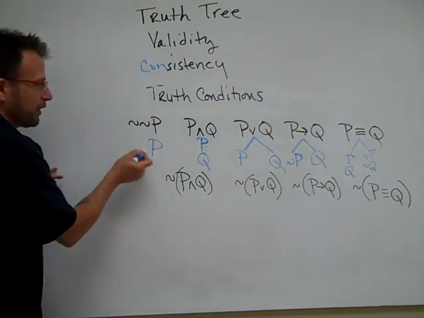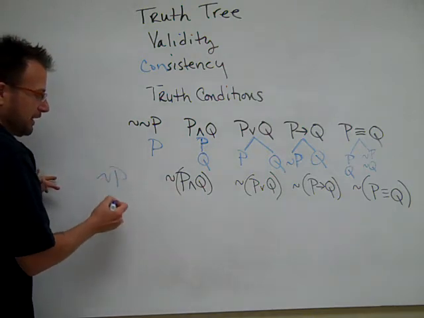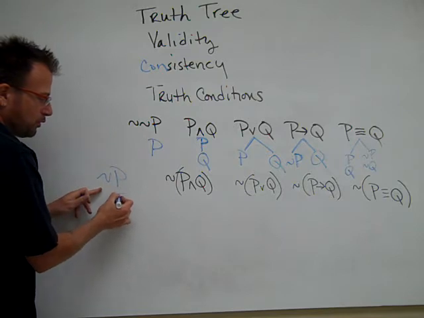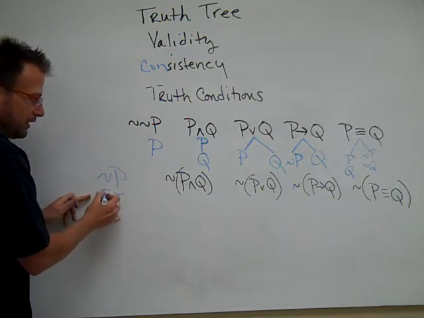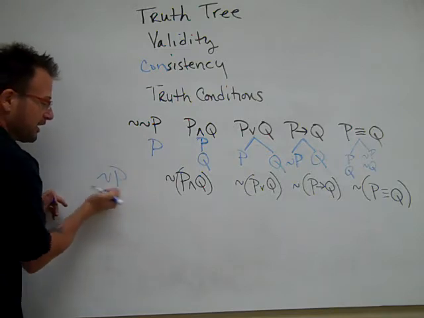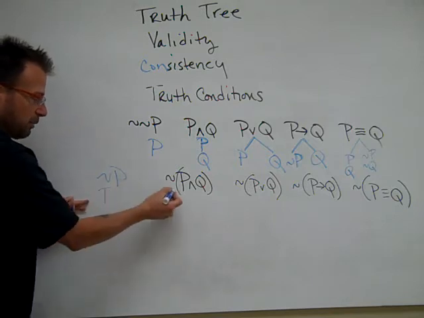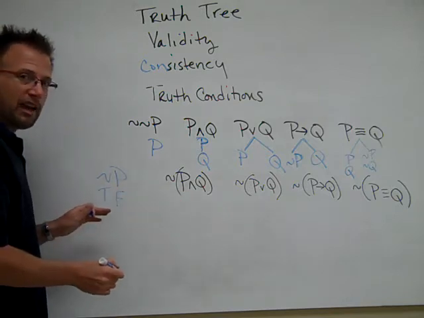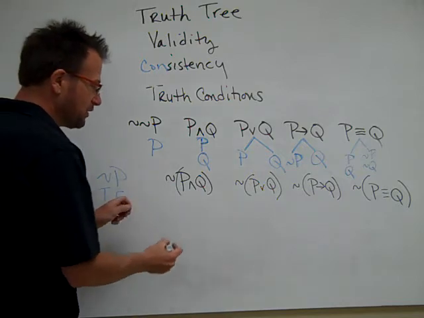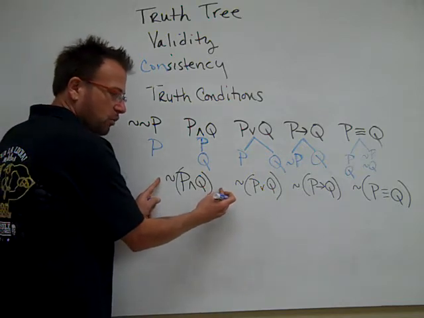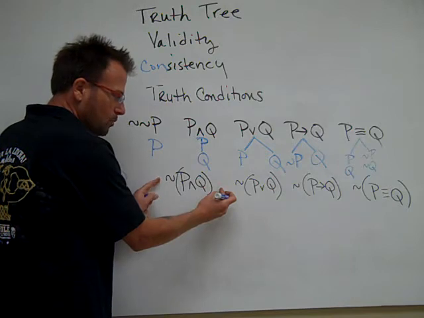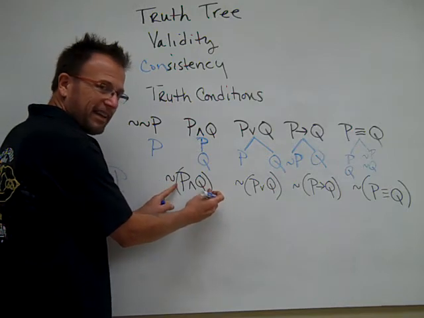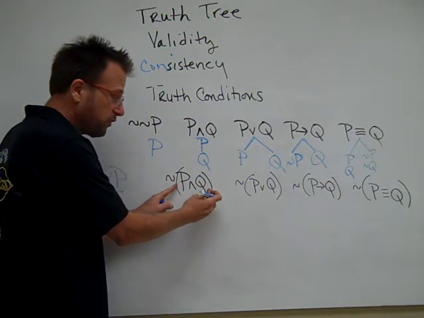That's our rule for the tilde P. If P is true, then tilde P is false. But we're asking under what conditions would tilde P be true? It will be true when the statement to which it's appended is false. So this whole statement will be true when the statement within the brackets is false.